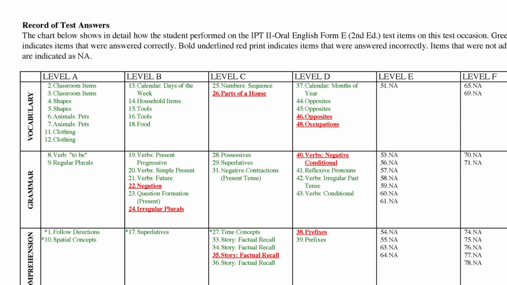You can definitely talk about opposites with classroom items or clothing, right? Shirt versus pants. You could also talk about the occupations, the clothing for occupations, the tools for an occupation. Build from what students already know.